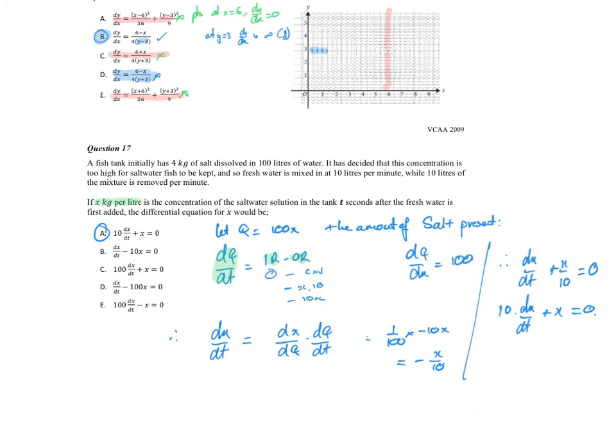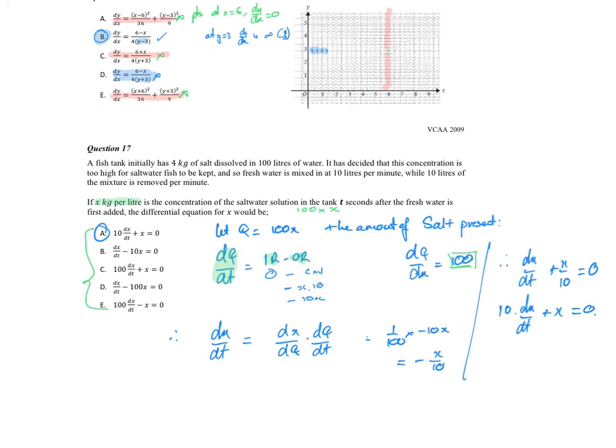So if we think about the amount of salt present Q, I've got 100 litres of water times the concentration, which is just 100x. So then dQ/dx is equal to 100. Now looking at the series of DEs we've got to choose from, they're all dx/dt, so I've got to find a dx/dt in here.